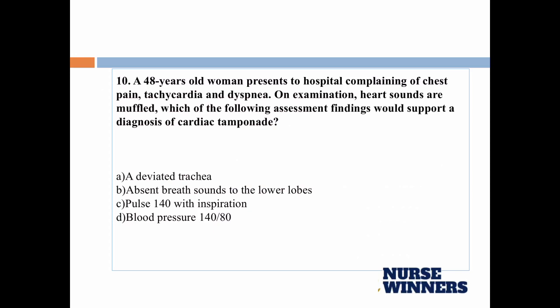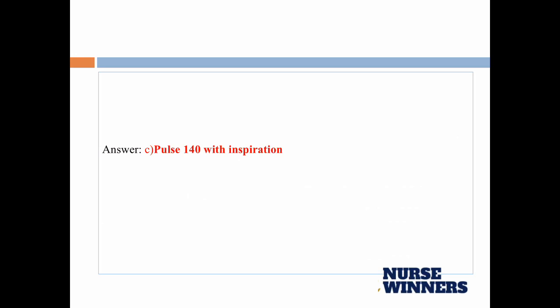B. Absent breath sounds to the lower lobes. C. Pulse of 140 with inspiration. D. Blood pressure of 140 by 80 mm of Hg. The right answer is option C, pulse rate of 140 beats per minute with inspiration.